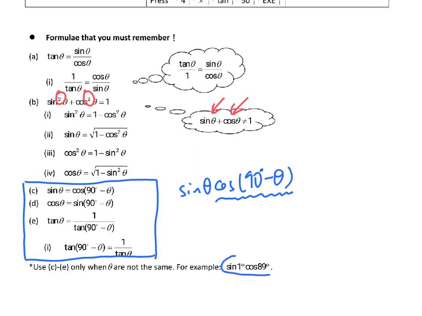When you see the theta is not the same, you can see that theta 1, and then this one is 89. So whenever you see the thetas is not the same here, then you should know to use the formula C to E.